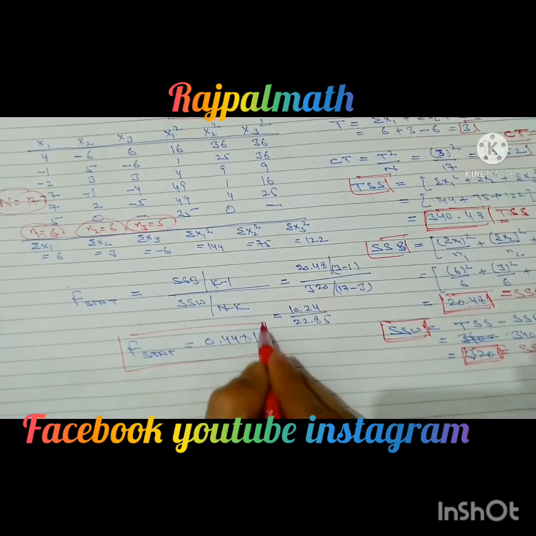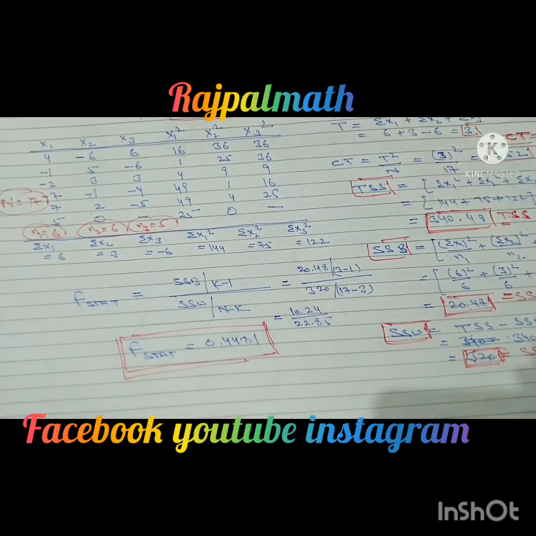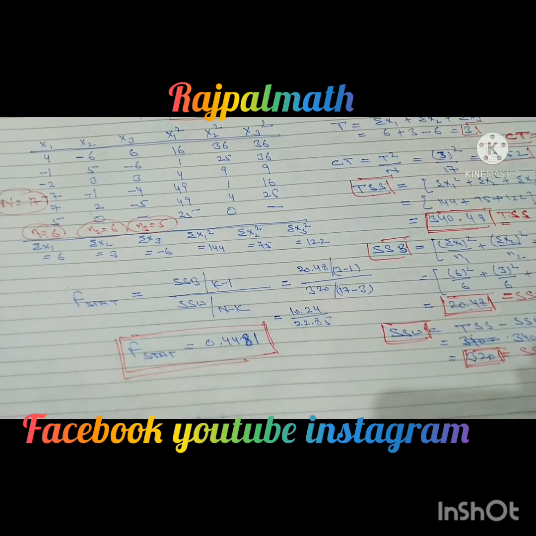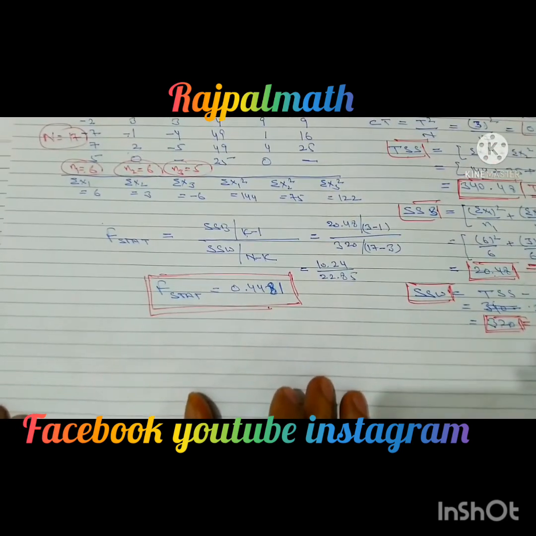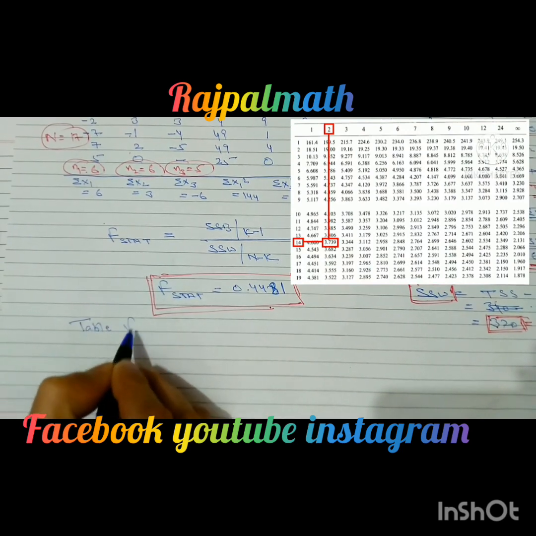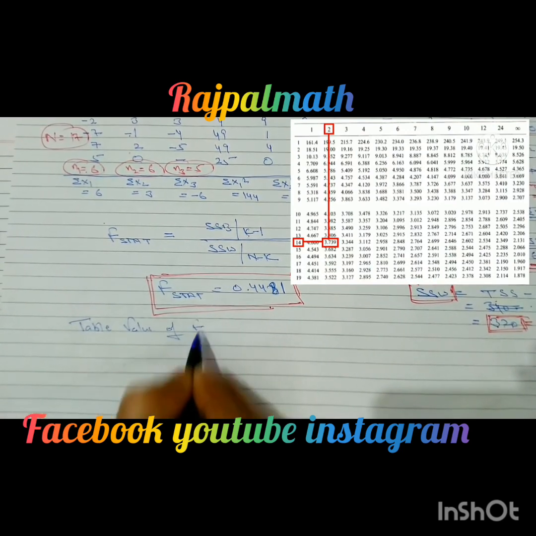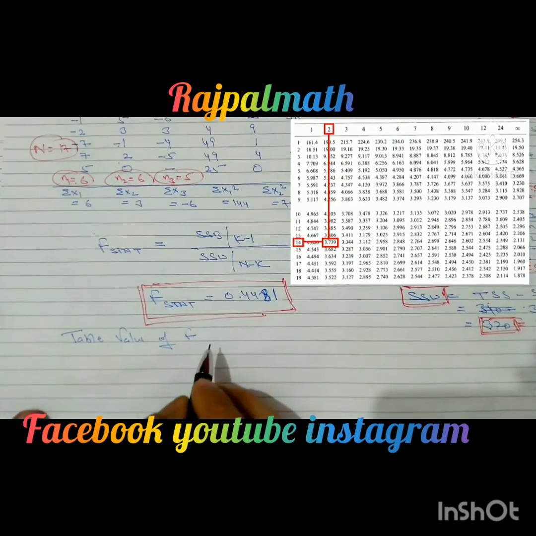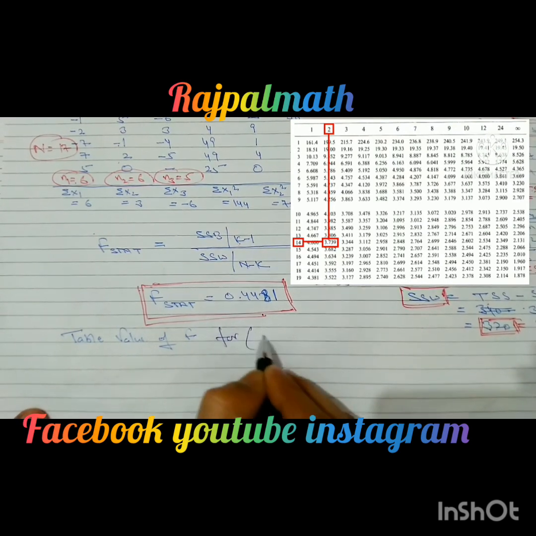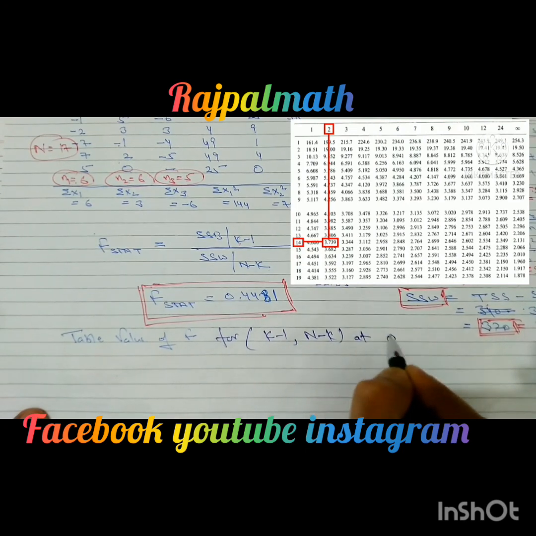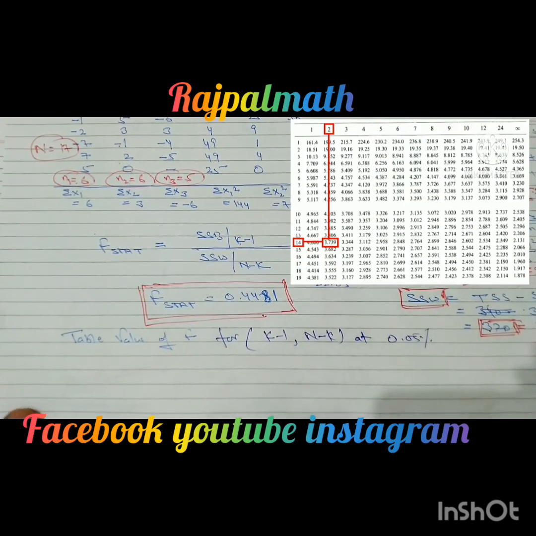This is the calculated value of F. The calculated value from the ANOVA table, Fisher's table, one-way classification is 0.4481. Now the table value of F for K minus 1 and N minus K at 0.05 level of significance.